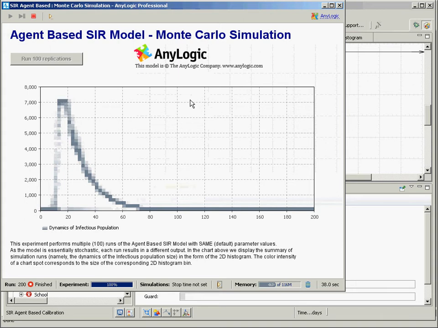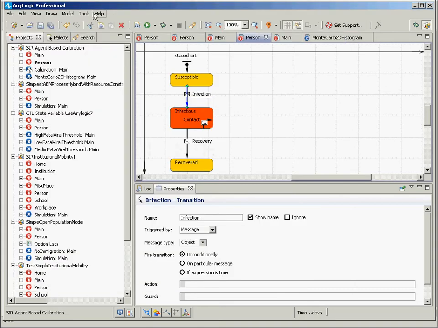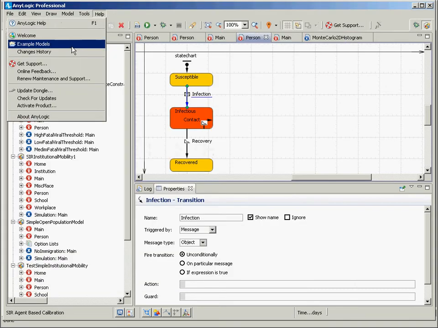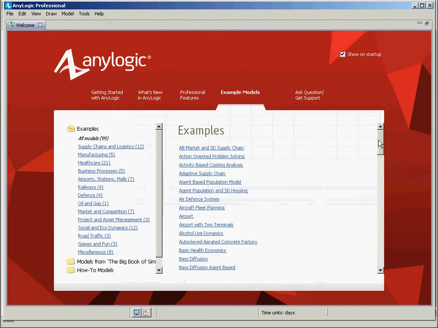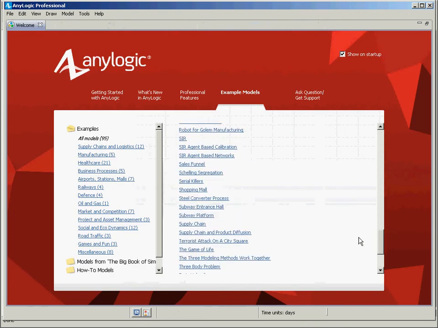It's also notable that when we ran the sensitivity analysis, and for those who have just arrived, I would suggest that you do help, example models, and in this default list here, you go down to SAR agent-based calibration. That's the model with which we work.